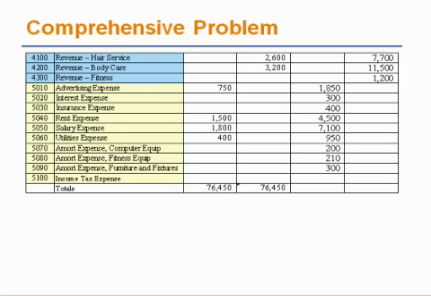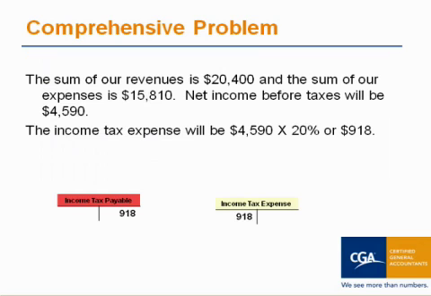And once you've summed that up, we see that we have a difference of $4,590, and 20% of $4,590, the difference between our revenues and our expenses, $918 needs to be recognized for income tax expense for the entire period. So we're going to recognize the income tax expense and make the posting to the key account, and then carry those amounts over to income taxes payable and income tax expense.